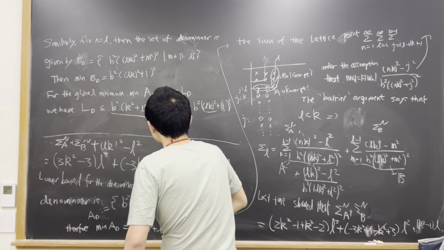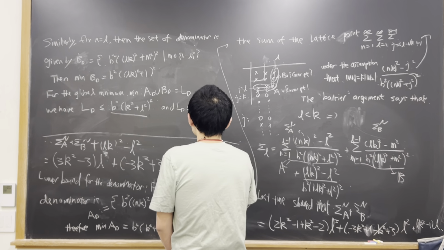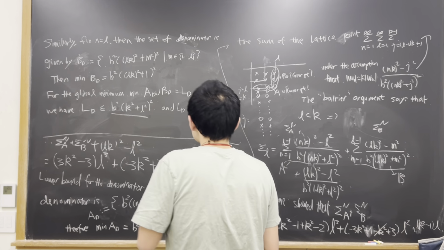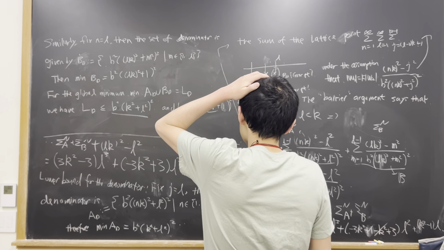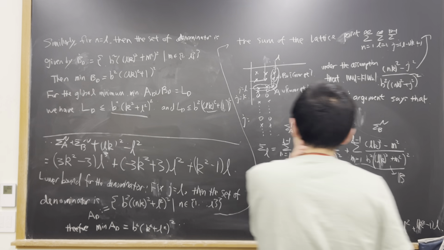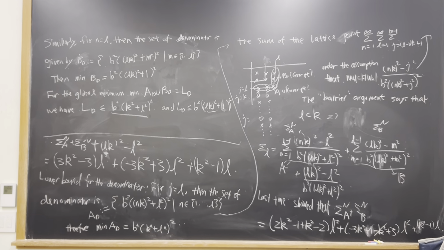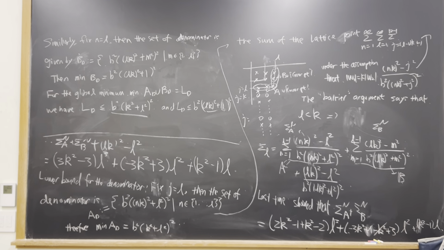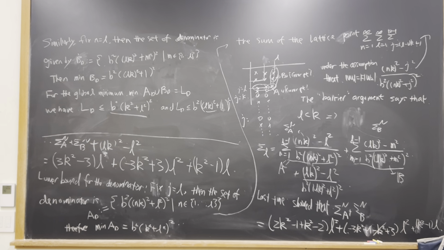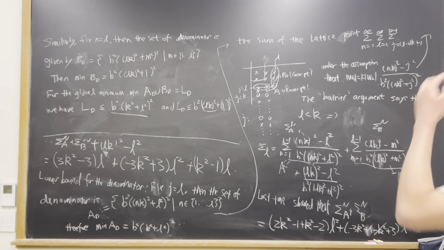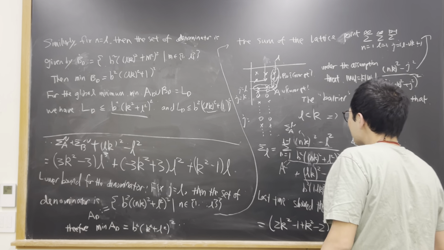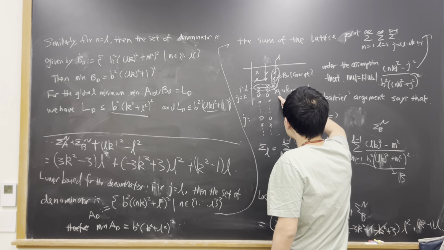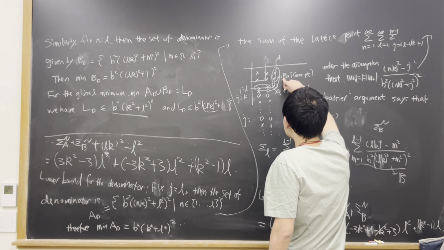Okay, wait, so why do I want to pick the smallest one among these two? So basically for any point, right? If you pick any point, either it is in the set below or in the set above, right?